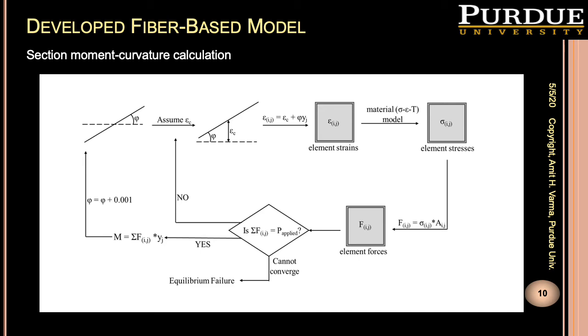The mechanical strains are then obtained by subtracting thermal strains from the total strain, which are provided as input to the material stress-strain temperature curves to get stresses in the elements. Once the force equilibrium is established, the net moment of the section is calculated by summing up the moment contribution for each element.